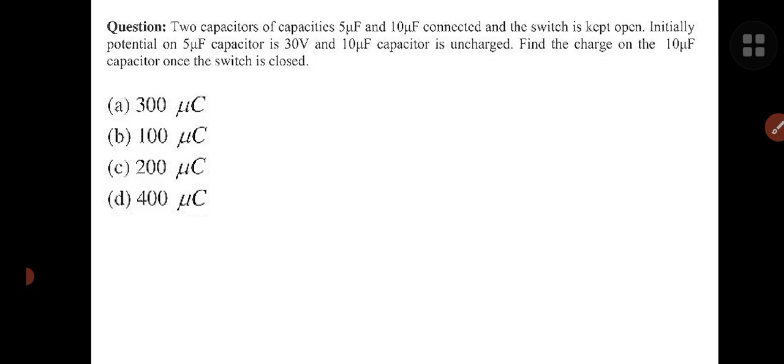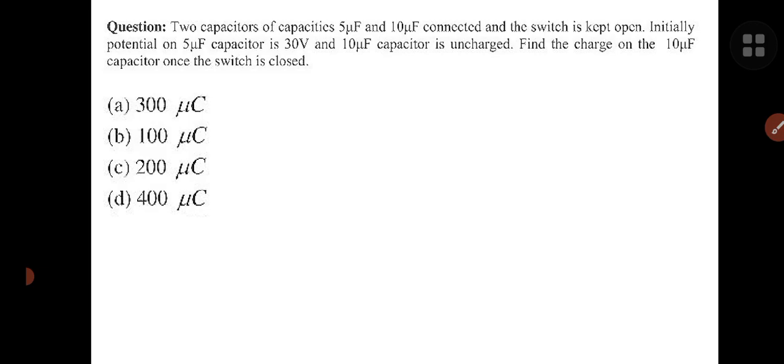Two capacitors of capacities 5 microfarad and 10 microfarad are connected, and the switch is kept open. Initially, the potential on the 5 microfarad capacitor is 30 volt and the 10 microfarad capacitor is uncharged.